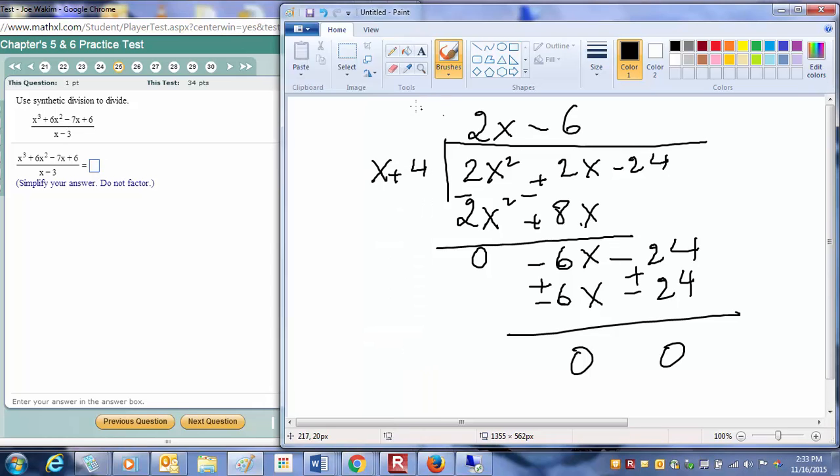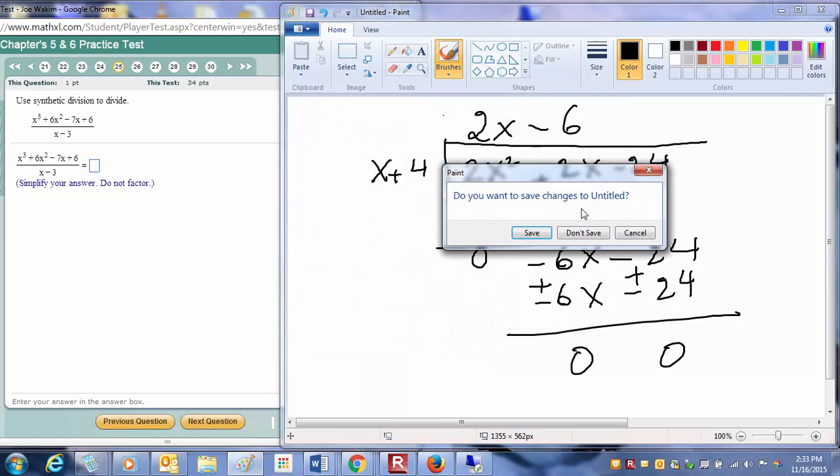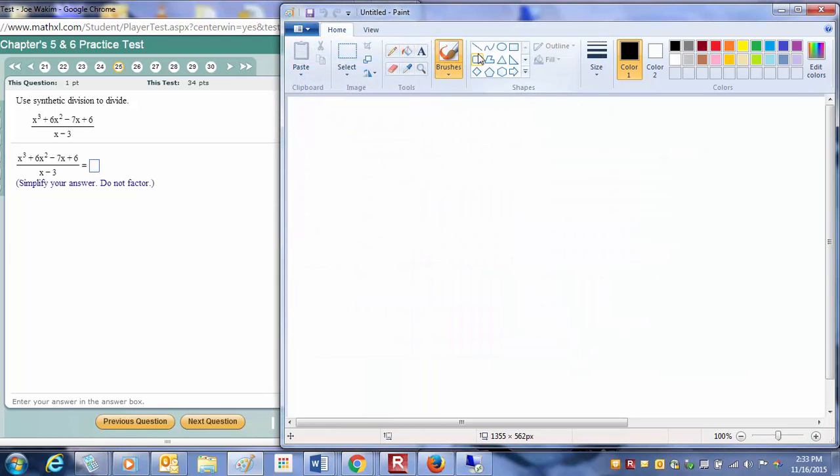Now we have to use the synthetic division. With the synthetic division, what we need to do here is find the coefficients, list all the coefficients. We have 1, 6x squared, we have 6, minus 7x, we have negative 7, and we have 6.